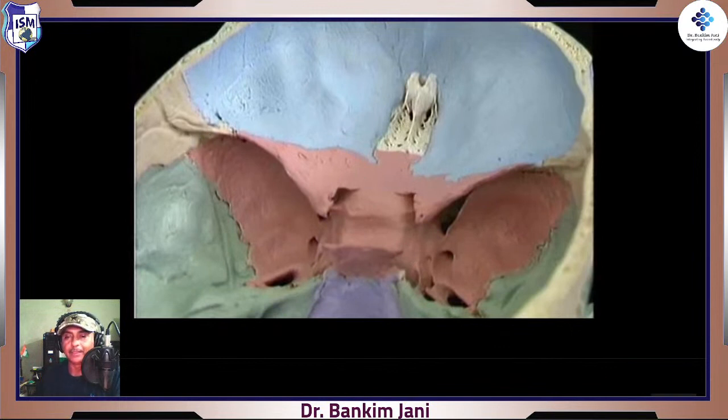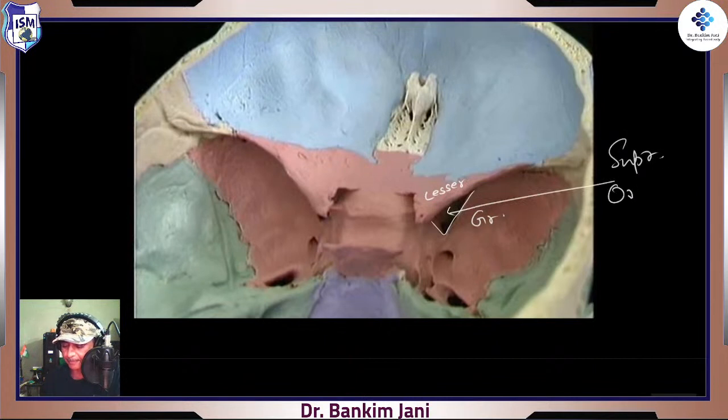That's the thing. This is when we see at an angle. So this is the greater wing, this is the lesser wing, and that one is the superior orbital fissure. And yes, that's the optical canal.